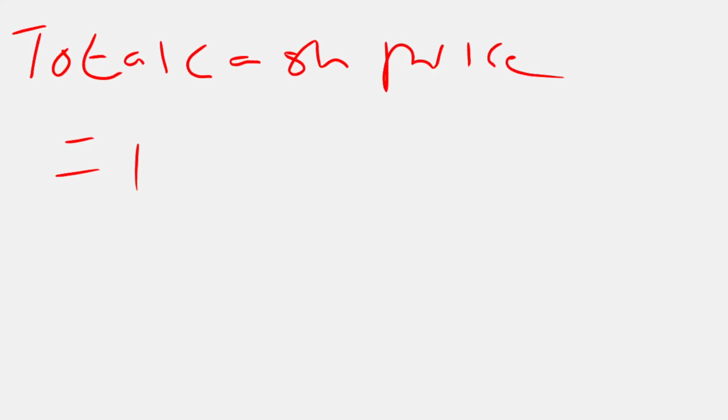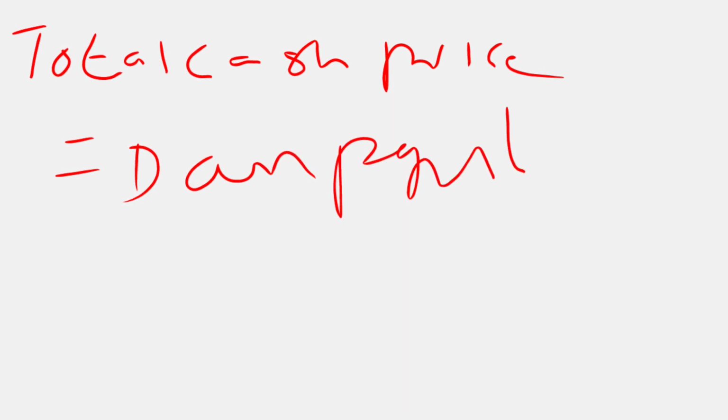Total cash price is equal to, we added already, the down payment plus the cash prices we calculated, from the fourth installment onwards to the first installment. So that is the procedure.